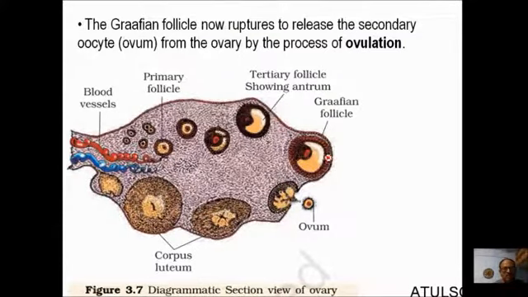Now the Graafian follicle ruptures to release the secondary oocyte. The Graafian follicle is the final, mature form of the follicle that is ready for ovulation, and ovulation takes place with the release of the ovum, but the cell division is not yet complete.